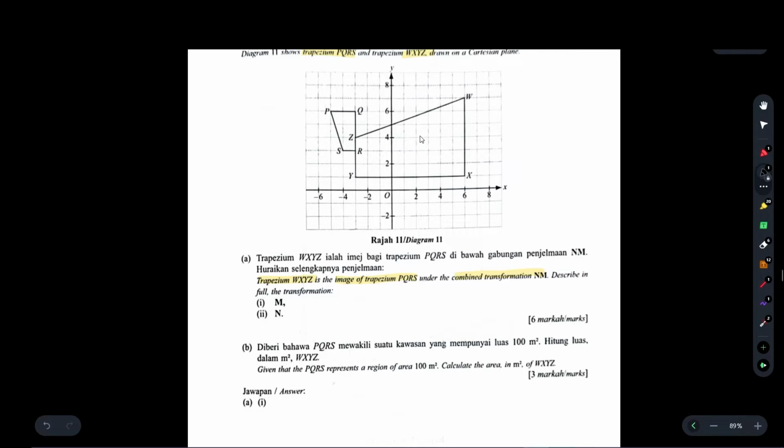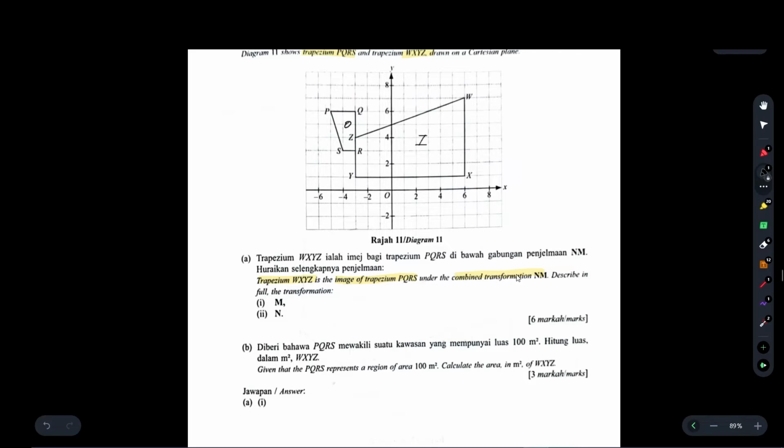It says that the bigger trapezium is the image and the smaller one is the object. So it goes from PQRS to WSYZ.